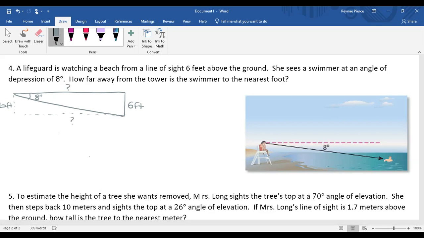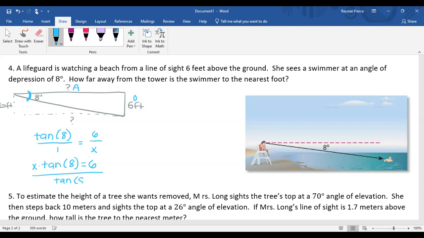So this looks very familiar. 8 degrees is our reference angle. 6 is opposite. What we're trying to find is adjacent. So again, tangent. We get x times the tangent of 8 when we cross multiply.